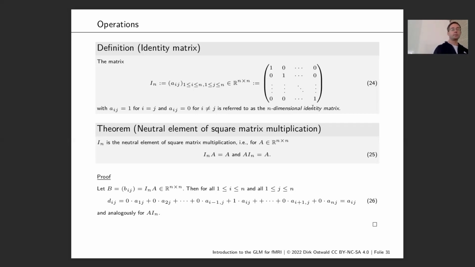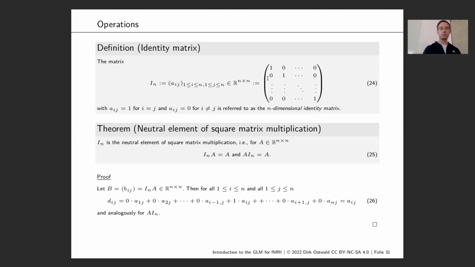The special thing about this identity matrix, which I denote by I_n, is that if you use it in matrix multiplication with any n times n matrix, either from the left side or from the right side, we're talking about square matrices only at this point, and I will make this explicit on the next slide, then we get the same matrix out.